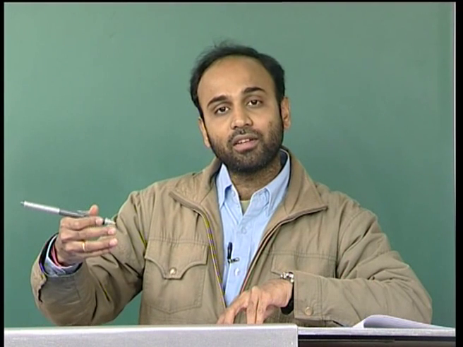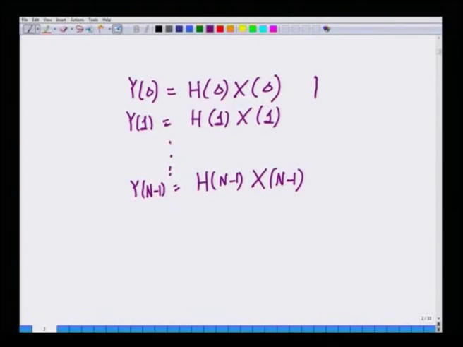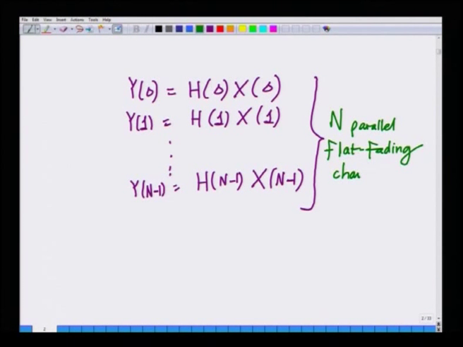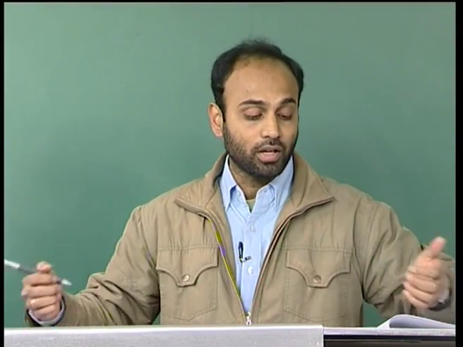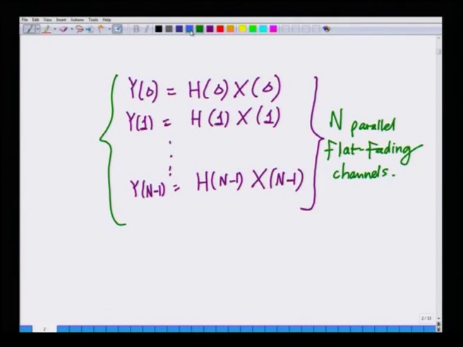So I have converted my frequency selective channel into a set of N parallel flat fading channels. So OFDM essentially helps me convert a frequency selective channel with intersymbol interference into a set of parallel flat fading channels without any intersymbol interference. Hence, this also removes intersymbol interference.